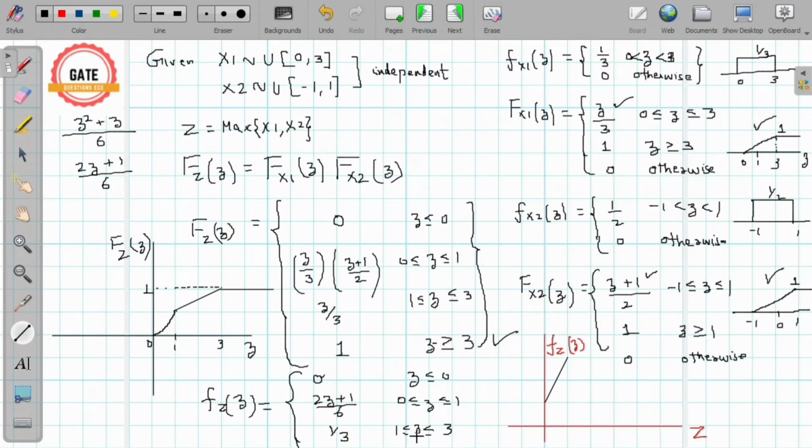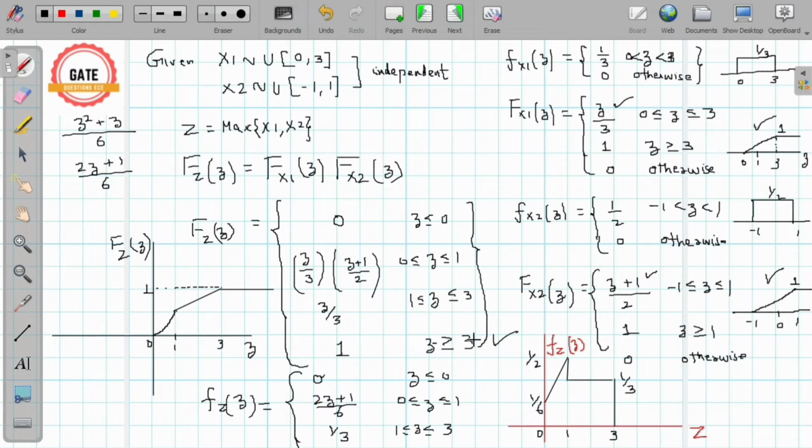And for z between 1 to 3, it is constant and equal to 1 by 3. So this height is 1 by 3. And this maximum height is 1 by 2. This value here is 1 by 6. So this is the PDF of z. This value is 0, here it is 1, and this value is 3.